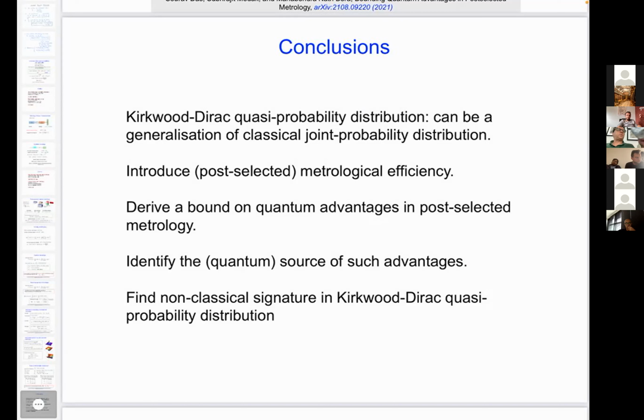Okay. So first of all, what Shetwright's group did is they first introduced the Kirkwood-Dirac quasi-probability distribution, and if you have an extended Kirkwood-Dirac quasi-probability distribution, this is the nomenclature that I am getting from their paper, they are saying that at the level of the extended Kirkwood-Dirac quasi-probability distribution, you have to have a negative element, right?